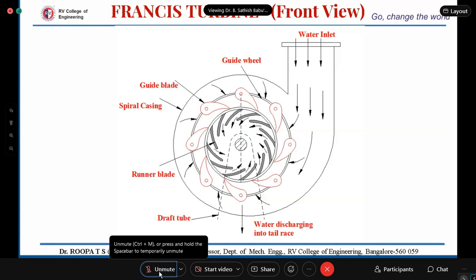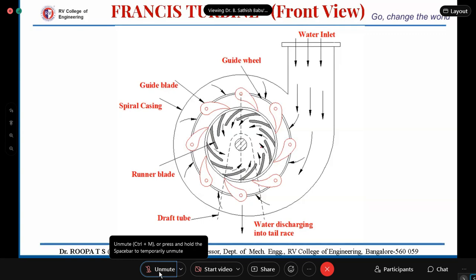It enters the rotor and strikes the runner blades, or rotor blades. Then it impinges on those blades and sets the rotor into motion, and it is collected through the draft tube into the tail race.